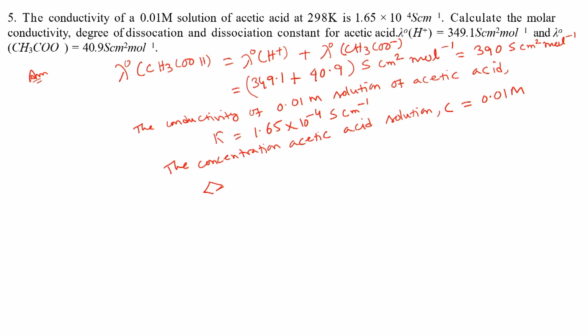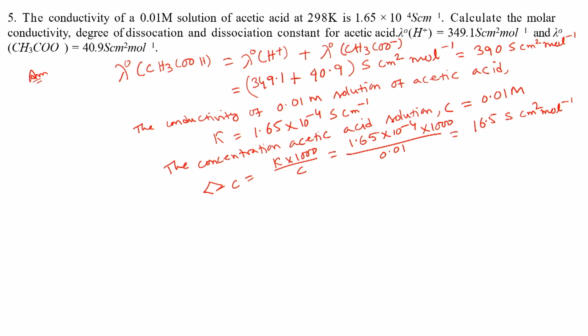So, we can calculate lambda c is kappa times 1000 by C. Value of kappa already given, 1.65 times 10 raised to the minus 4 times 1000 by 0.01. If we calculate this one, we get 16.5 S centimeter square mole inverse.